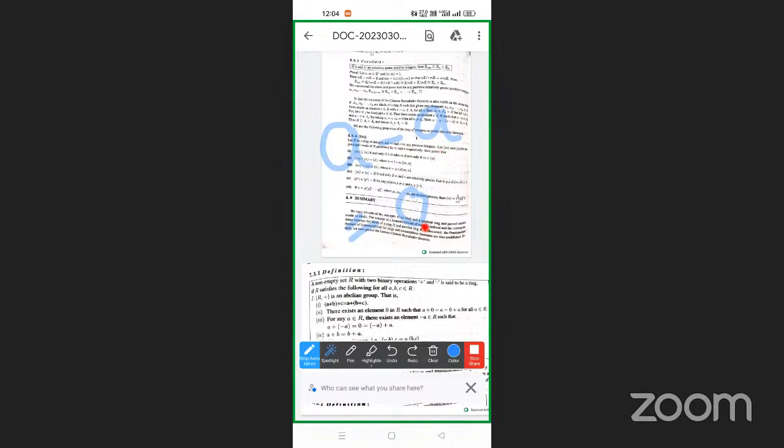The additive identity is 0. In case the identity element does not exist, the inverse also does not exist, and therefore (R, +) is not a group. So the first condition is closure, the second is associative, the next is identity, and the next is inverse.